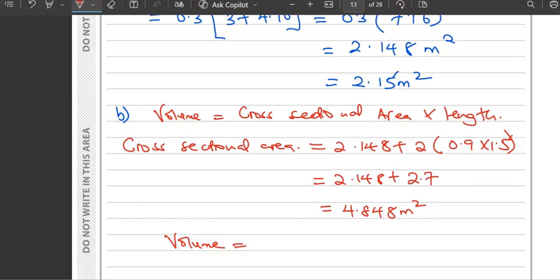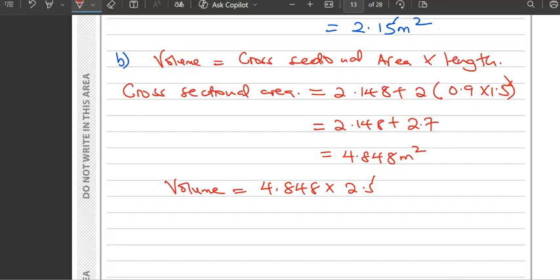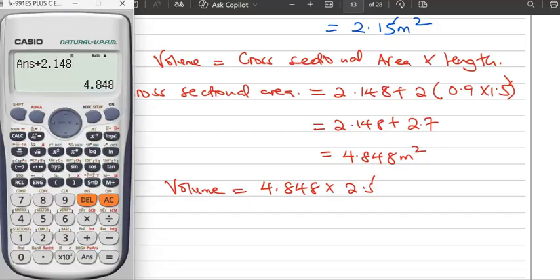So using this, we can say that therefore the volume is simply equal to cross-sectional area times length, and the cross-sectional area is 4.848 times length, which is 2.5, because that is what we are given up there. And when we get the product of this, we'll have answer times 2.5, and this one simply gives you 12.12.